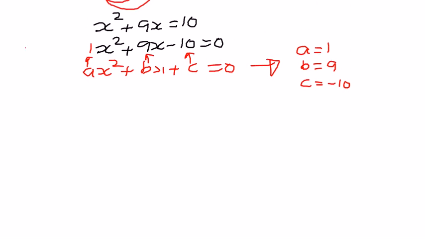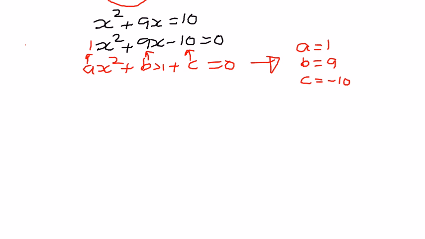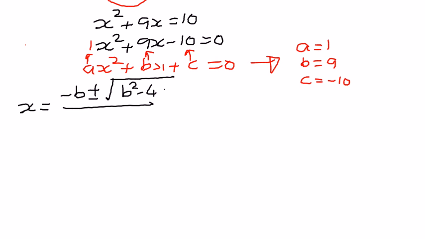So using the quadratic formula, how does the quadratic formula look like? It looks like this: x equals minus b plus or minus the square root of b squared minus 4ac, this whole thing divided by 2a. We know the values of a, b, and c. We can substitute into this equation and find the value of x.